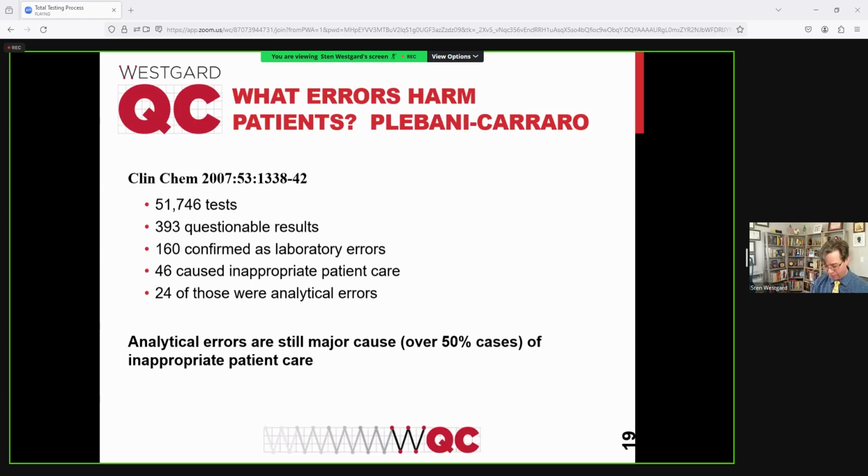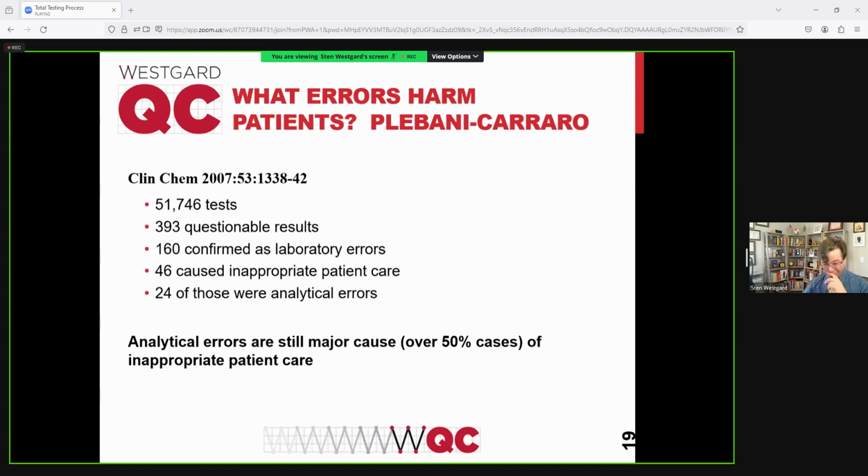And you can kind of understand, remember, since the analytical error is, even the erroneous number looks like a number. So it will move past a lot of the steps. If you have an error and it's happened in the specimen, if it's a physical issue, you tend to catch that. But the number can get all the way out to the patient and cause the misdiagnosis.